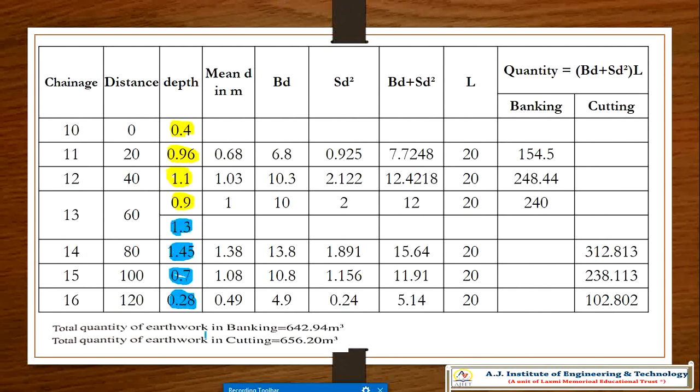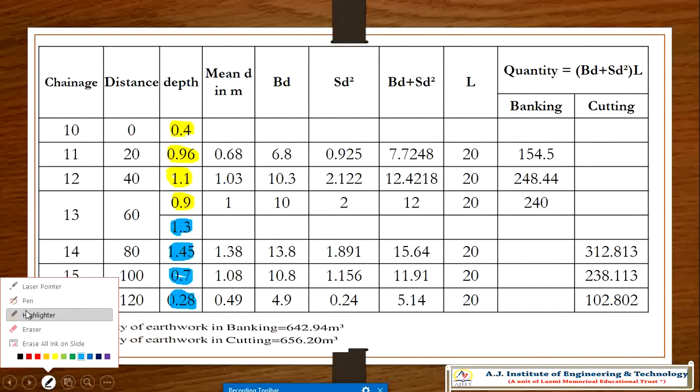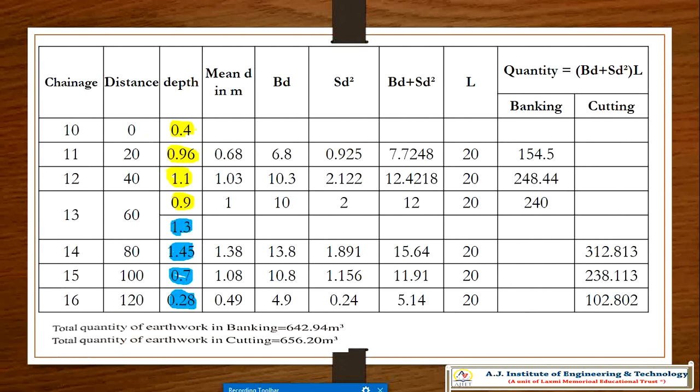So now we have 3 intervals, right? 1, 2, 3, 3 intervals. So that answer will be 3 intervals. So now what will we do? You will do the mean depth. Is it so? When you are doing the mean depth, you will check this. Wait a minute, I'll take a red ink.